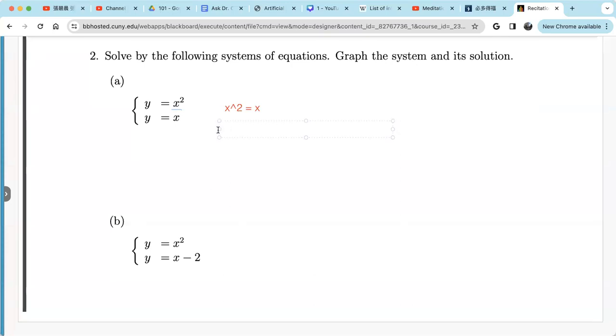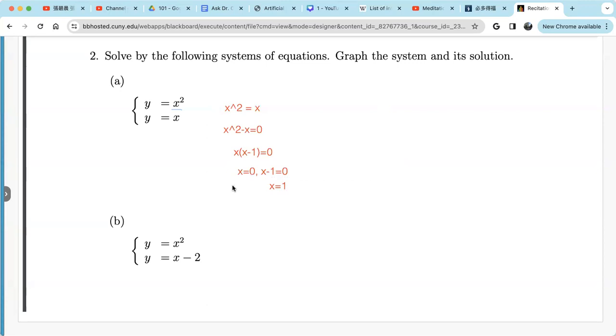Right, we want to write, so basically we move x to the other side. We make one side to be 0. Now we factor out x, because x is a common factor: x times (x minus 1) equals 0. So I have two solutions: x equals 0 or x minus 1 equals 0. Well, x minus 1 equals 0, that means x equals 1. Right?